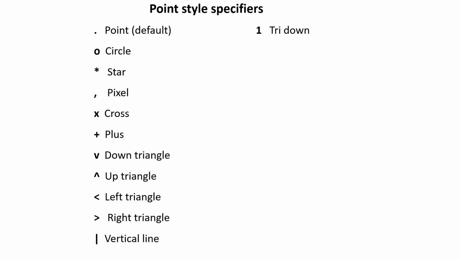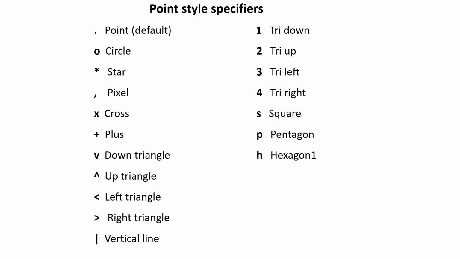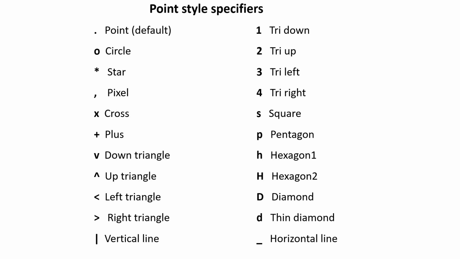Digit 1 for tri down. Digit 2 for tri up. Digit 3 for tri left. Digit 4 for tri right, lowercase s for square, lowercase p for pentagon, lowercase h for hexagon 1, capital H for hexagon 2, capital D for diamond, lowercase d for thin diamond and underscore for horizontal line.